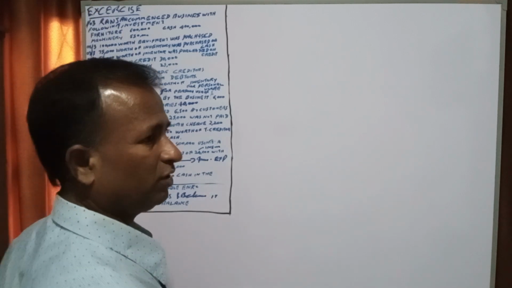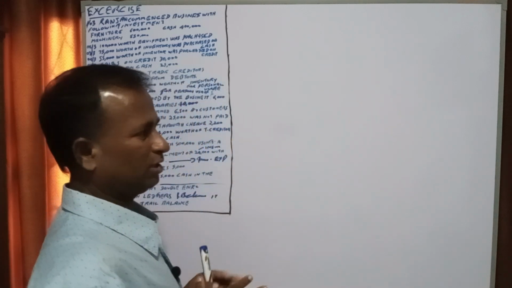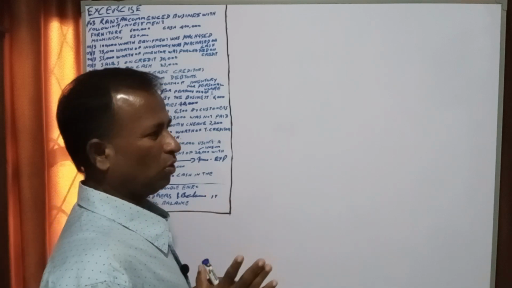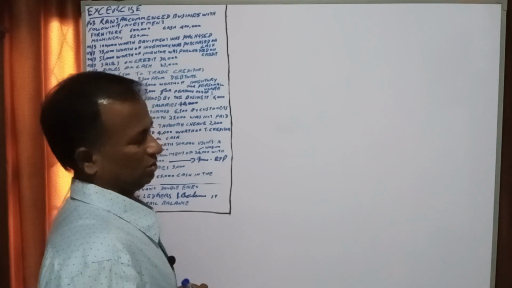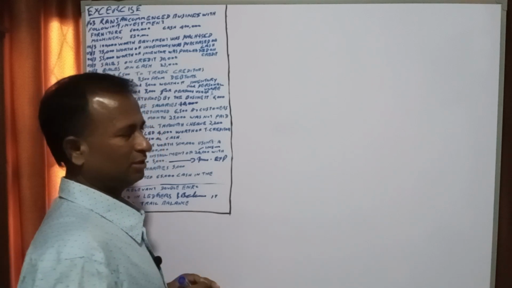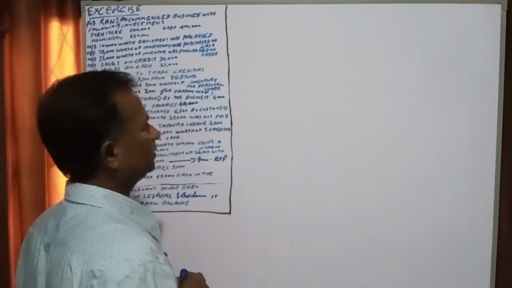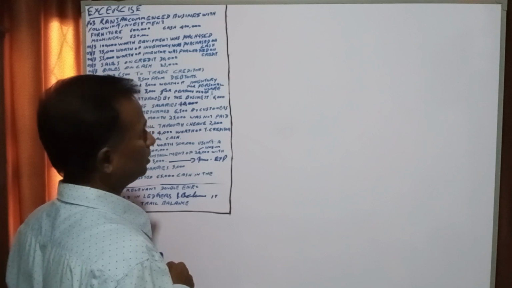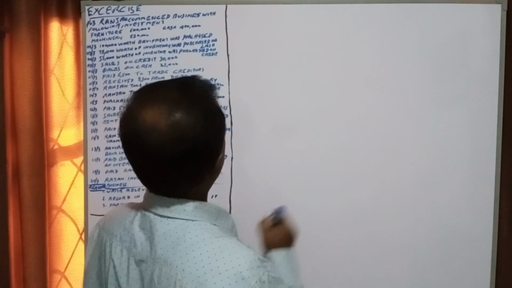First of all, we have to open the T account. At the beginning level we first open T accounts so that you all can understand the accounting rules and passing double and single entries. So first of all, we will open what we call the trial balance.